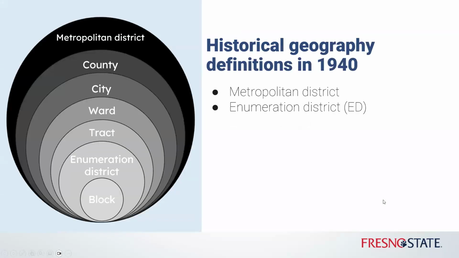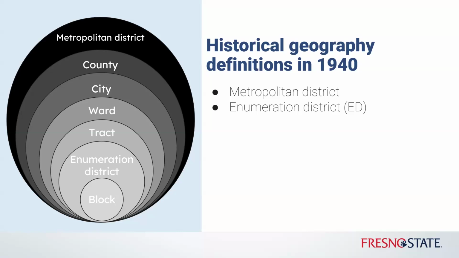All right, let's jump into a little bit of definition. So I make no assumptions about how much familiarity you have with census geography or how the Census Bureau defines geographical boundaries. So this is a nice graphic that shows you how census geographies are nested.